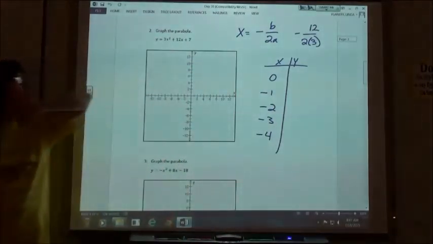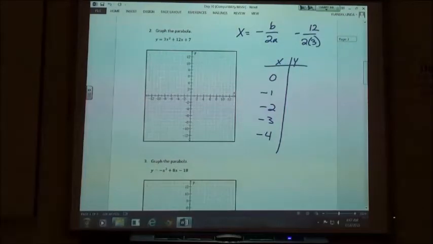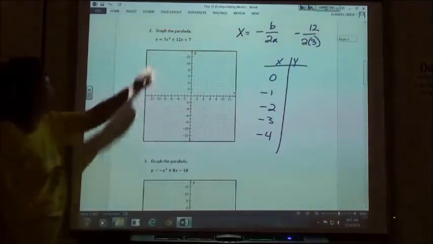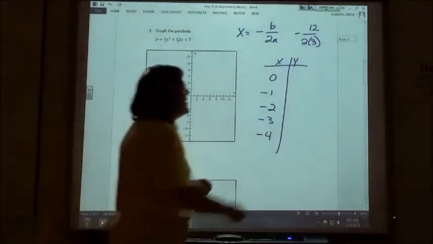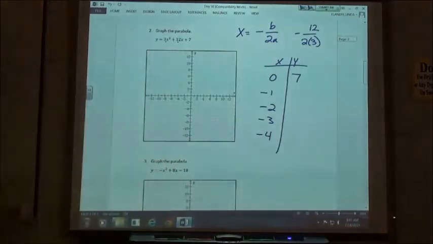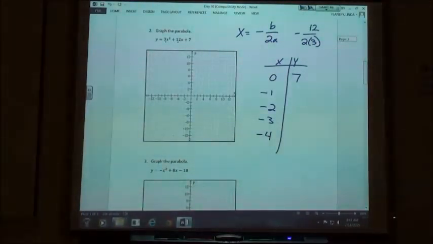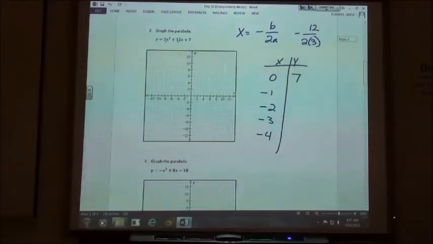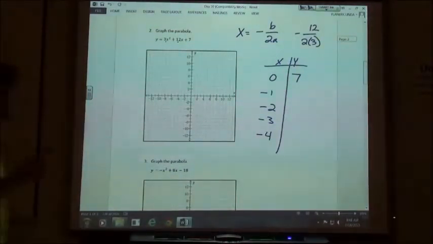So if we start and put 0 in for our x's, we're going to end up with y equals 7, right? That would be 0, that would be 0. So we just get the 7 on the end. 0 is easy to do. If we put our negative 1 in there, negative 2.